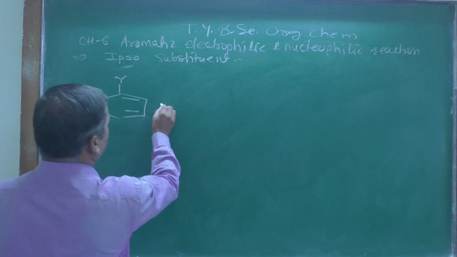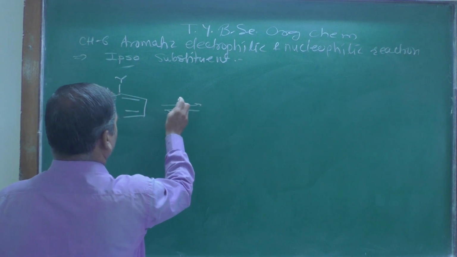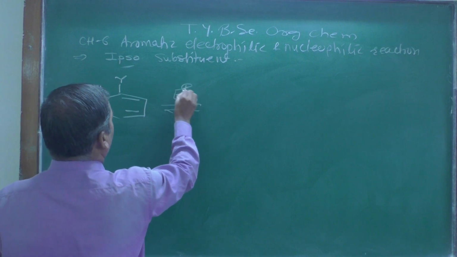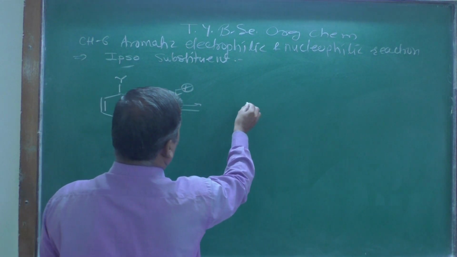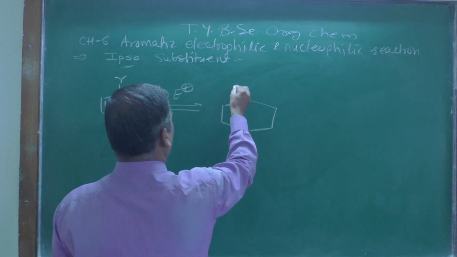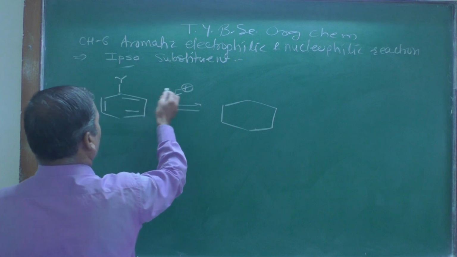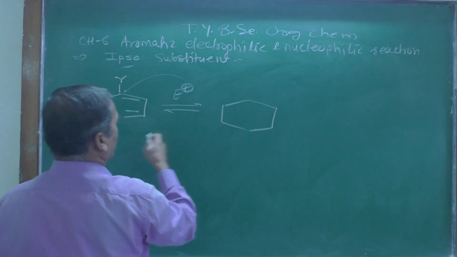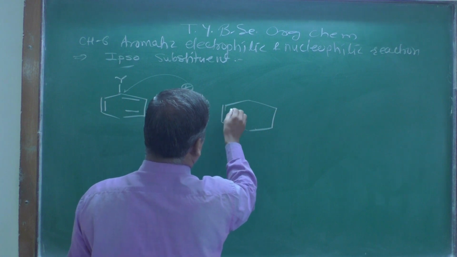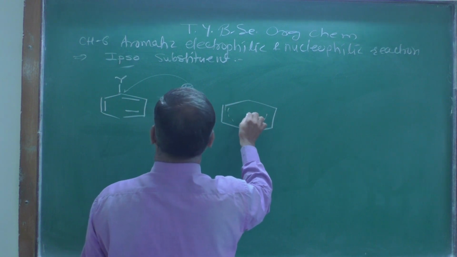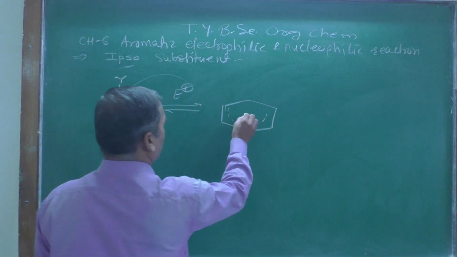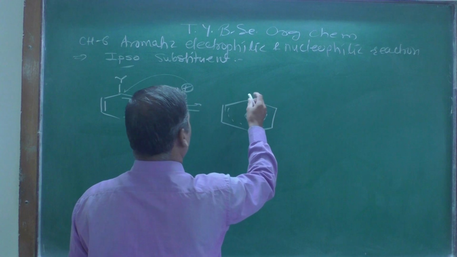When we are adding an electrophile, the electrophile attacks at this position, and the positive charge comes over there.